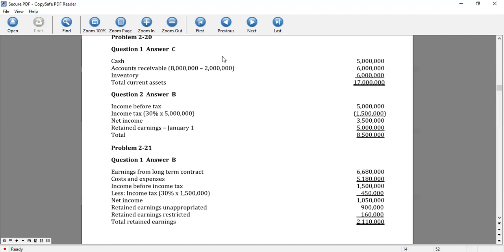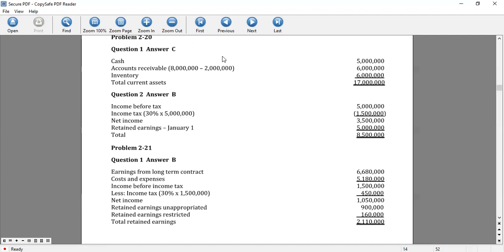Special terms granted to this customer require payment in equal semi-annual installments of 500,000 every April and October 1. Now, on December 31, 2020, what amount should be reported as current assets?